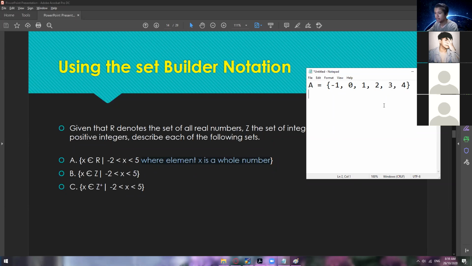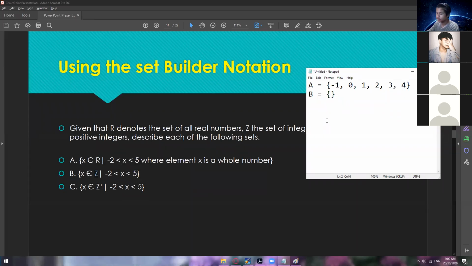Okay. How about the letter B? What are the elements of letter B? Anyone? Same as letter A, sir. Same as letter A. Okay. So as you can see, X is an element of set Z, wherein set Z is a set of all integers.